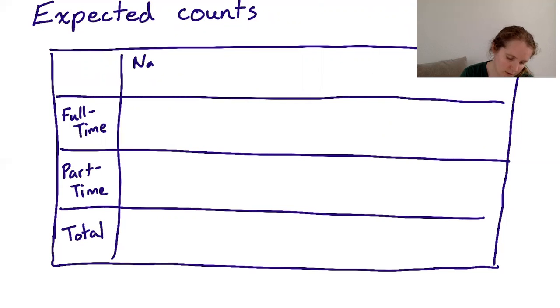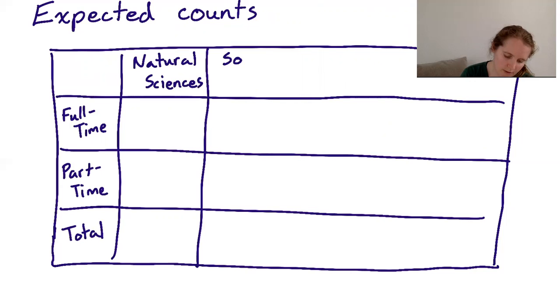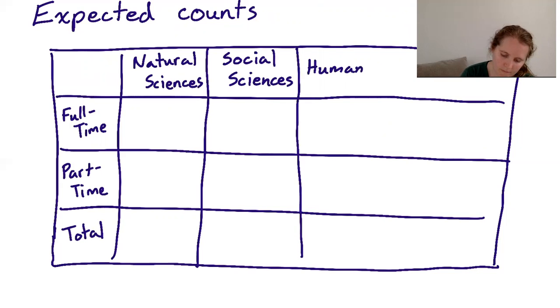Then we have our natural sciences, social sciences, humanities, and our total.